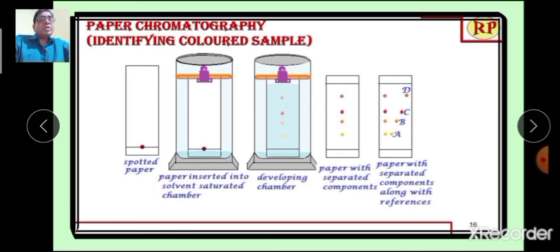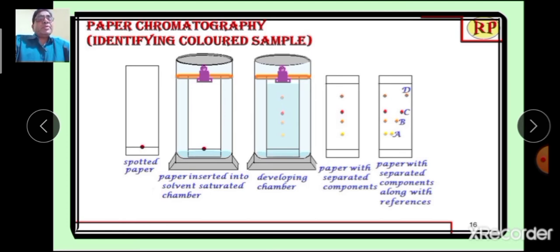When the solvent front rises through the paper, it travels with it the spot, that is the sample, and the components of the sample are also traveling with the solvent.